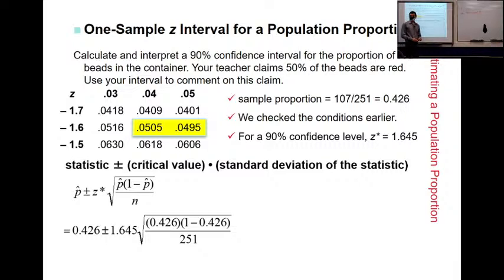I will not make you plug all this in the calculator. I will just tell you that all these come out to be plus or minus 0.051, so that's going to be your confidence interval.